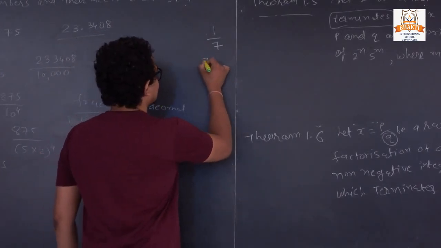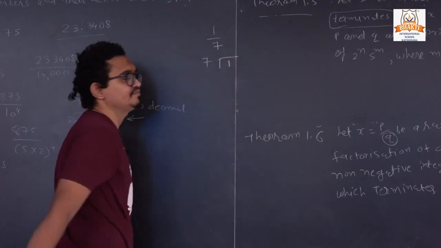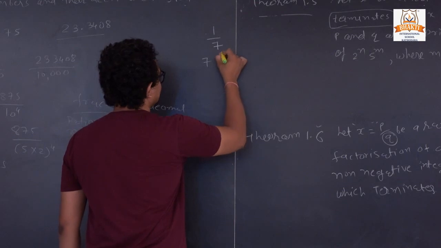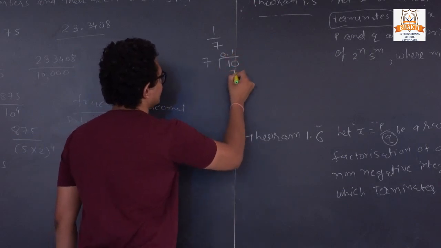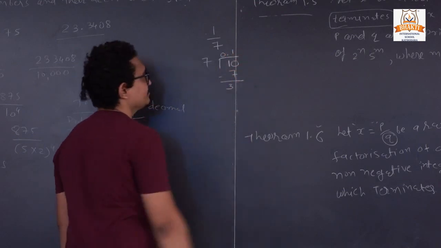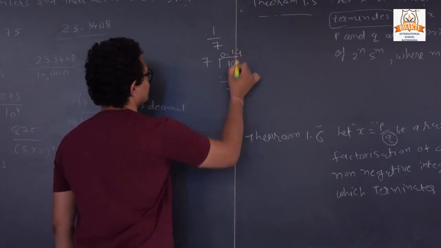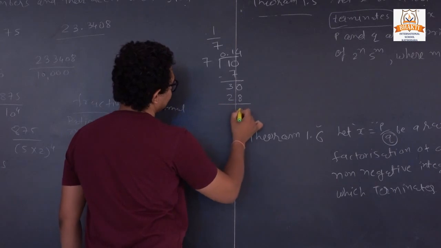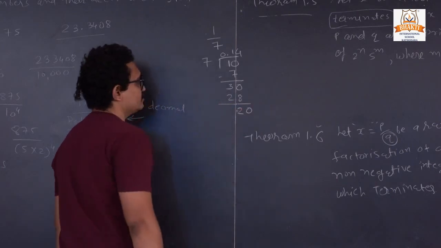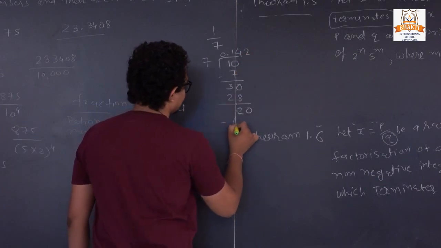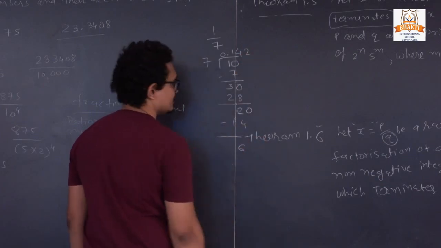We start like that, 7 dividing 1. Here we put 10, and here we have a point. Then 7 ones are 7, so it will be 3. Now once again we put 0, 7 fours are 28, so it will be 2. Once again we put 0. 7 twos are 14, so here we have a 6.